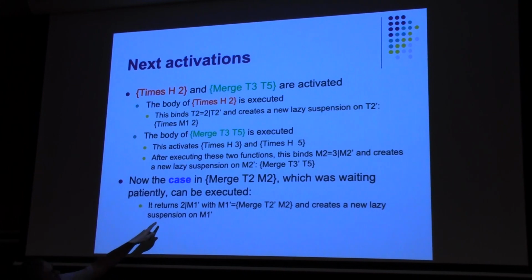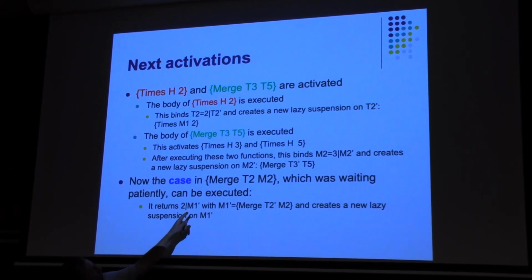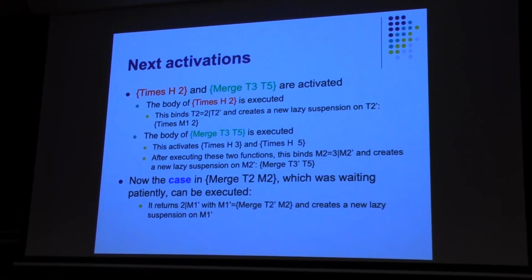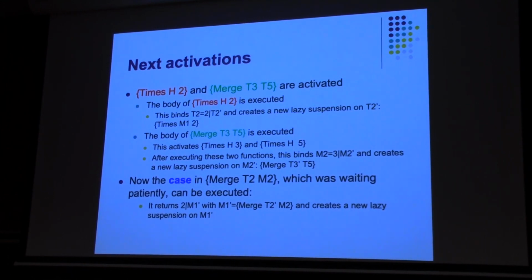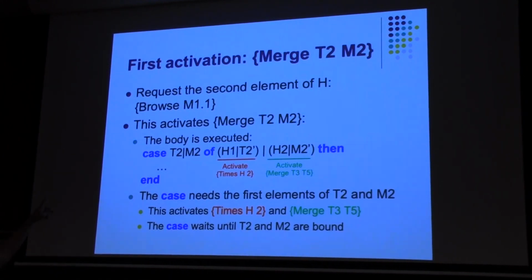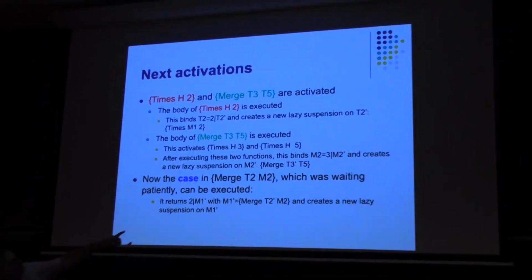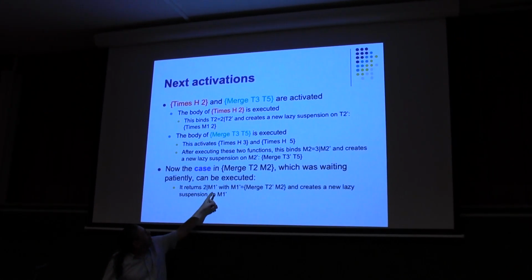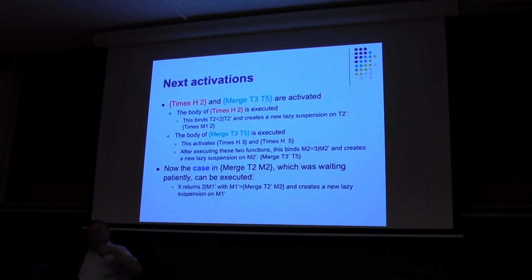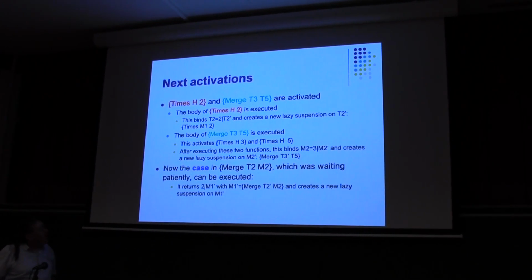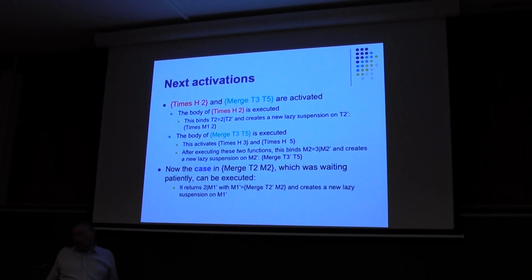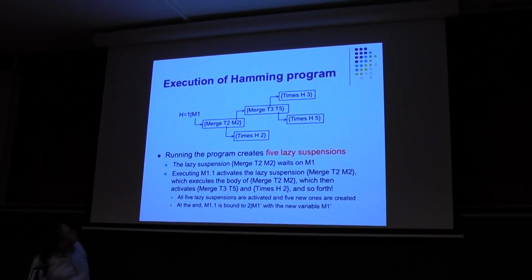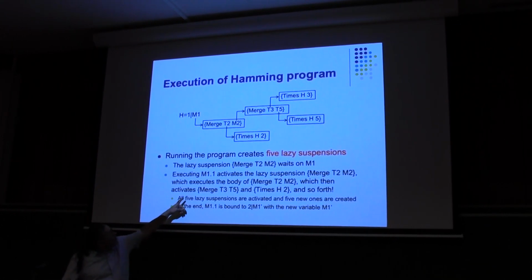And that case then executes, and it actually does the merge, and it returns 2 bar M1 prime, and creates again a new lazy suspension. So the dot M1.1 will be bound to this. So M2 bar M1 prime, so that 2 will be displayed, and a new lazy suspension is created on M1 prime.